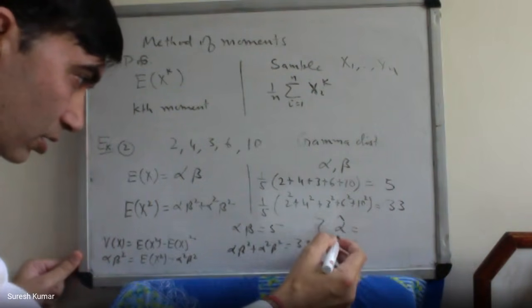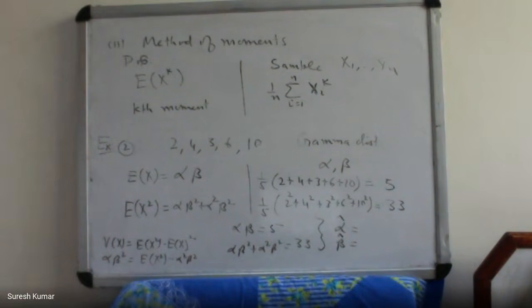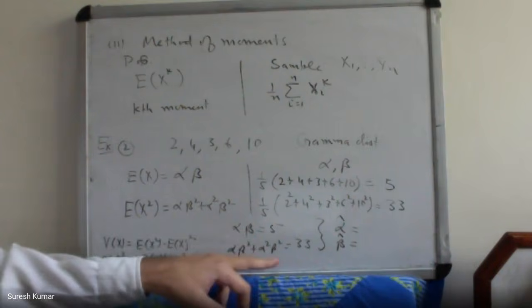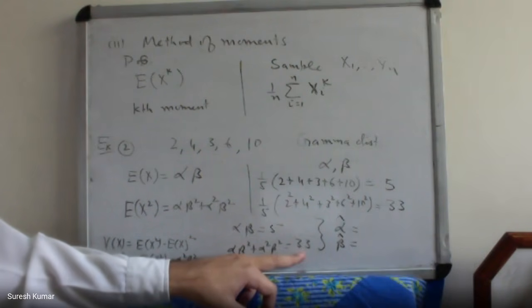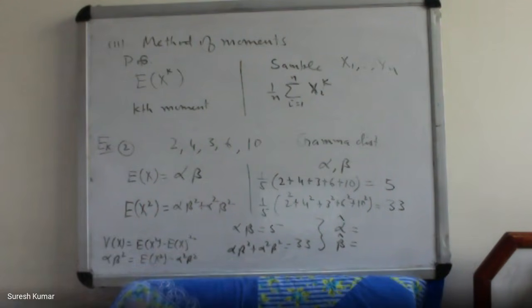These are the estimates from this method. Put alpha beta equal to 5 here. What do you get? 25. If I put this 25, then what are alpha and beta finally? Check it.